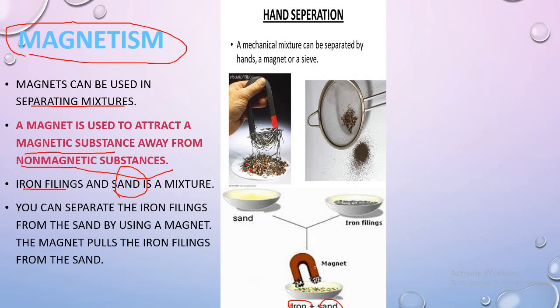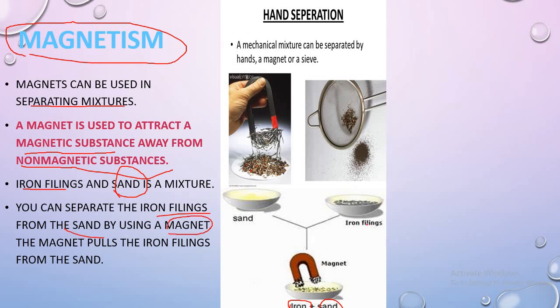I can attract all the iron filings, and the remaining is sand. So I can separate the mixture of iron and sand by using a magnet.